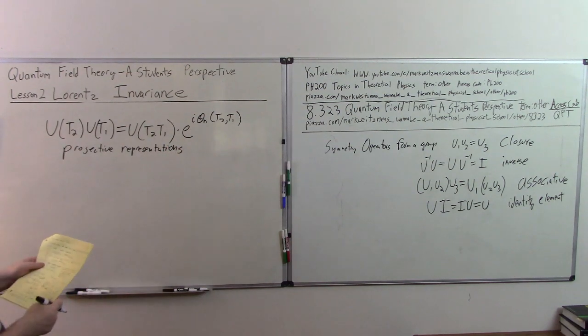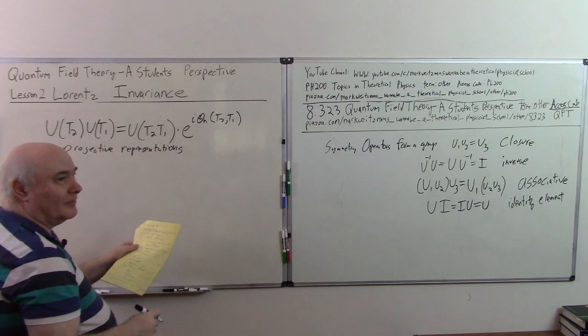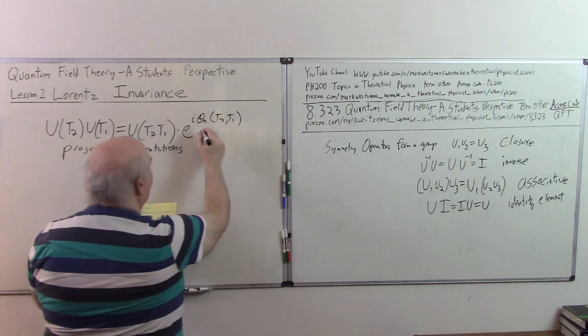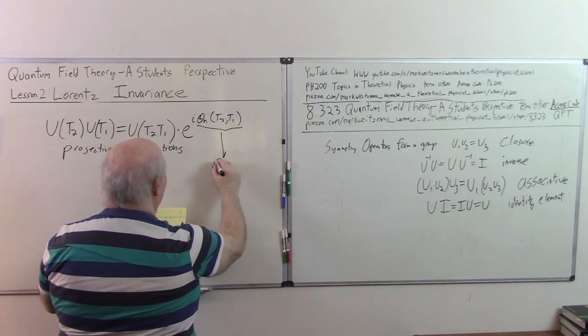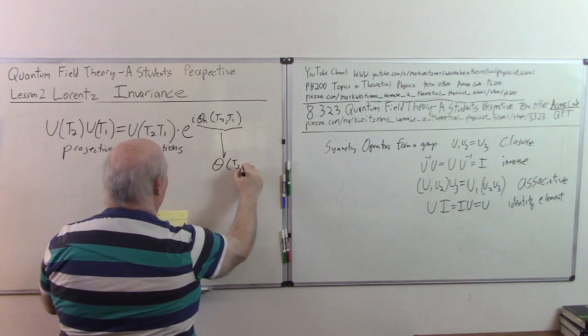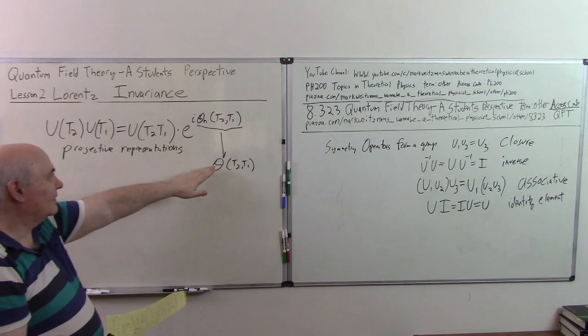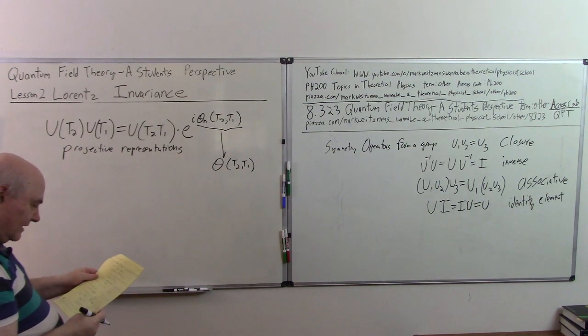And Weinberg shows that if you make some assumptions about superposition and various other things, this can be replaced by just the phase-free equation, that is, it only depends on the symmetry transformations, it doesn't depend on the state. But you have to make some assumptions on that.